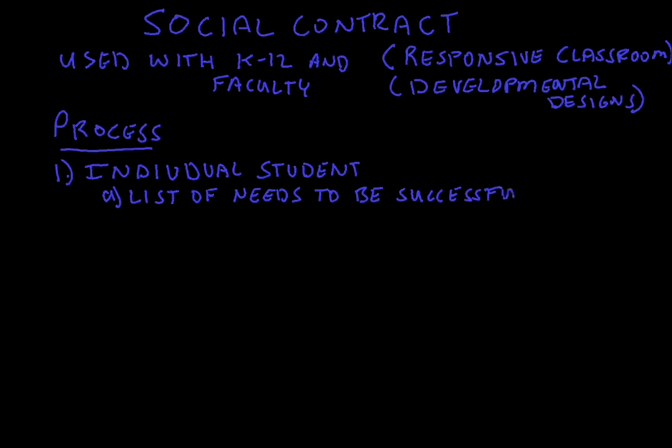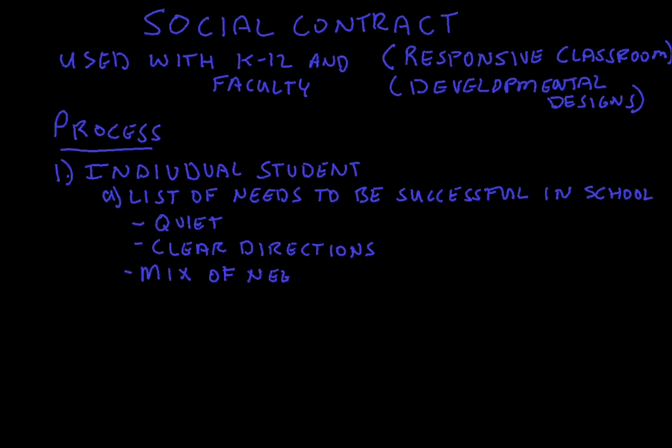And so they come up with the things you would expect them to come up with. I need it to be quiet when I'm writing. I need directions explained to me clearly. So it'll be a mixture of things they need from the teacher, things they need from themselves, and things they need from their peers.